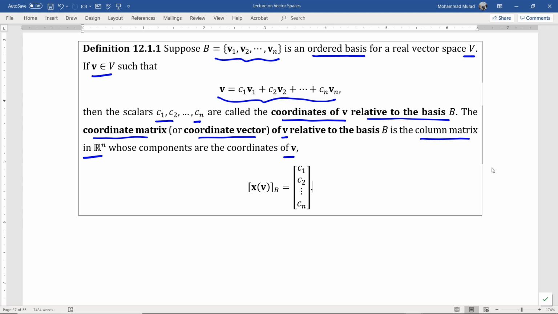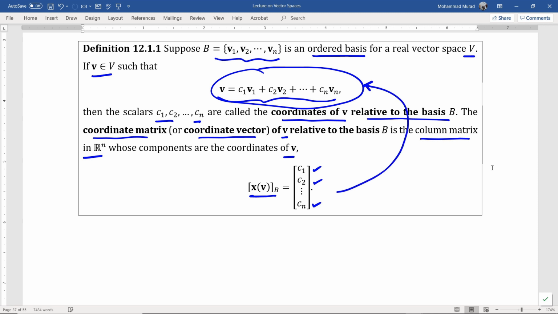We denote the coordinate matrix of the vector v relative to the basis B by this symbol, which is in fact the collection of the coefficients in this equation written in column form: c sub 1, c sub 2, all the way up to c sub n. So this column matrix is called the coordinate matrix of the vector v relative to the basis B.